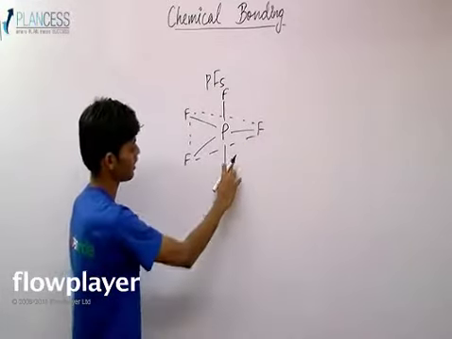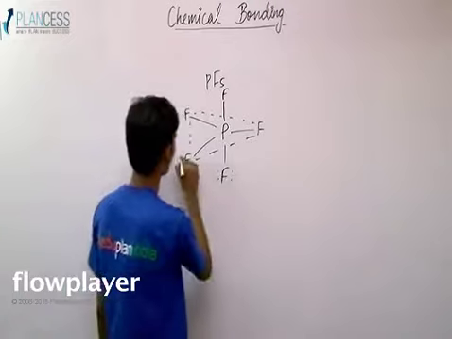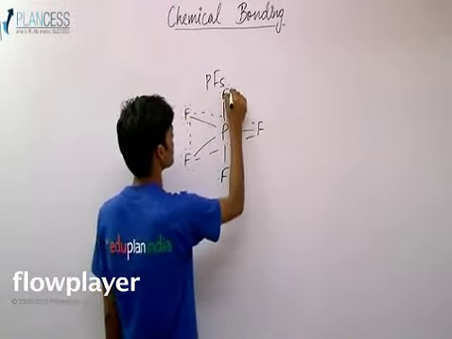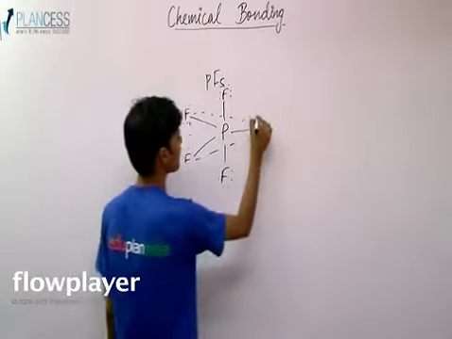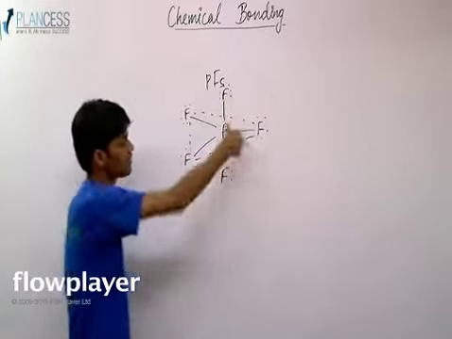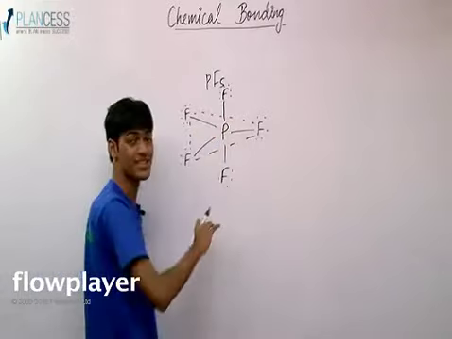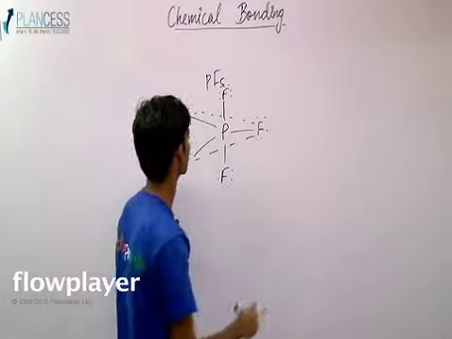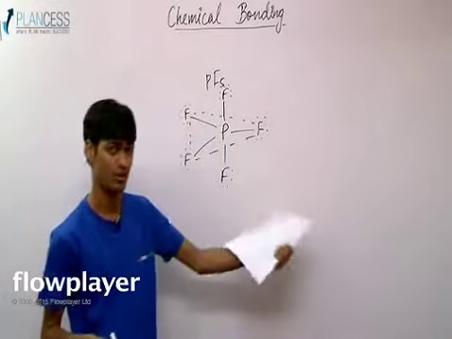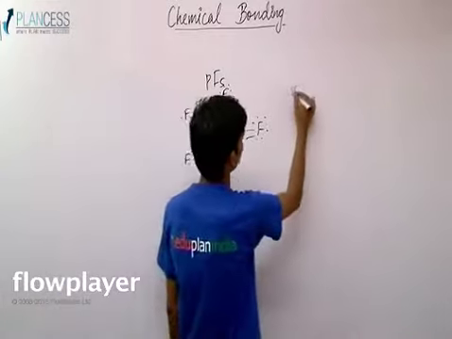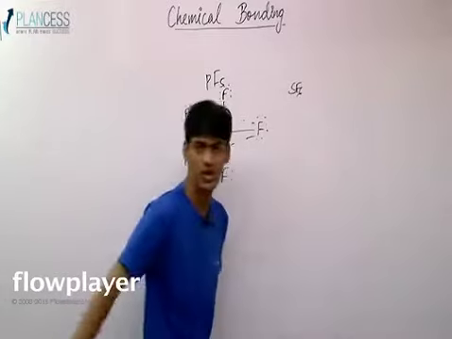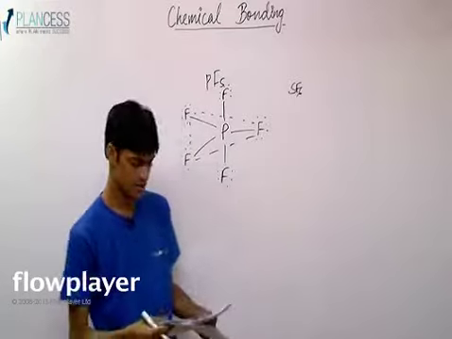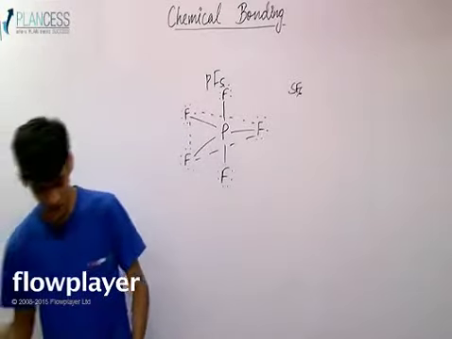The octet of each of the fluorines is complete, however the phosphorus has an expanded octet because it has 10 electrons, 2, 2, 2, 2, 2, in its vacant orbital. One more example is SF6, in which sulfur is bonded with 6 fluorine atoms. So there are 12 electrons around the S atom.